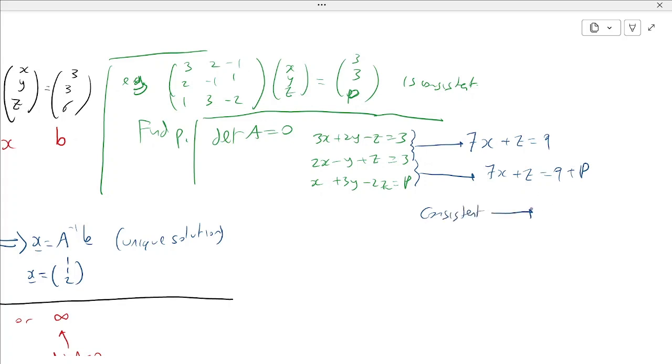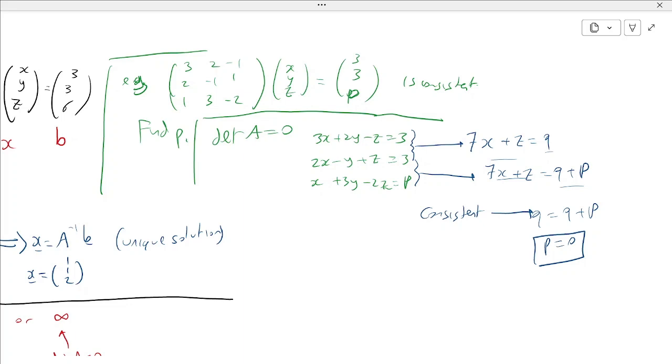Because the left sides are equal, the right sides must be equal, which means 9 has to be equal to 9 plus p, which means p would have to be 0. That would be my answer. P equals 0. That means it's consistent, there are infinitely many solutions. Any value of x and z that makes this true, and then a corresponding value of y that fits in with the other equations.